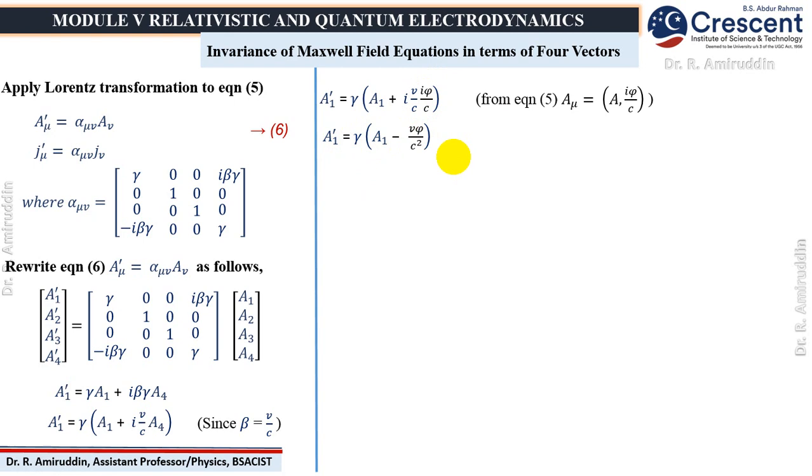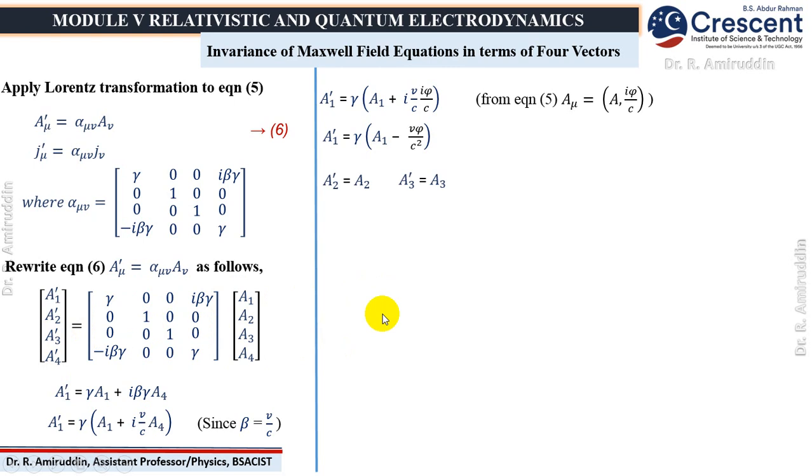Further, we will start expanding the A2 prime now. A2 prime is equal to 0 A1, 1 A2, 0 A3, 0 A4. So ignoring all the 0 terms, we do have A2 prime is equal to A2. Similarly, the A3 prime term, A3 prime is equal to 0 A1, 0 A2, 1 A3, 0 A4.